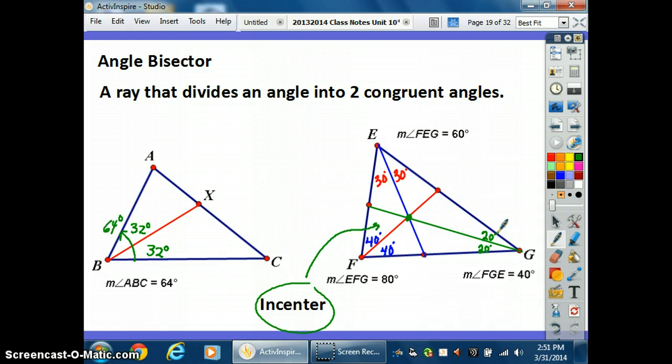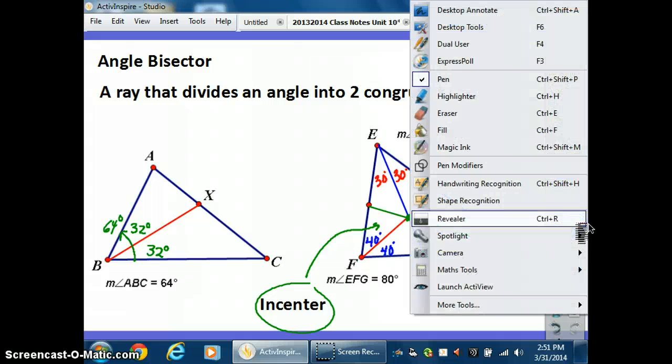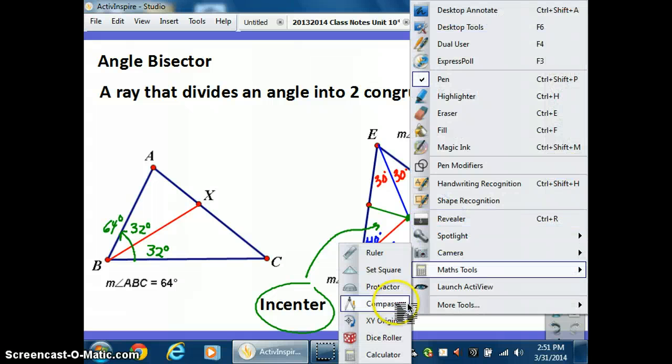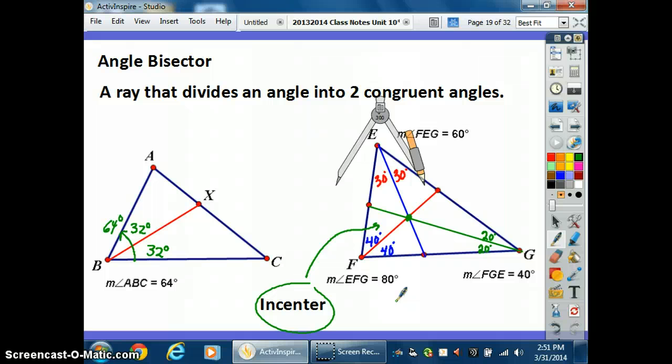Now, an incenter is kind of interesting. I'll take the compass again, and I'll place my compass on the incenter. Now I think I have to change this just a little bit. I'm a little off on this, but I'm going to try it anyways. If I bring this down to here, I think I can draw a circle inside.